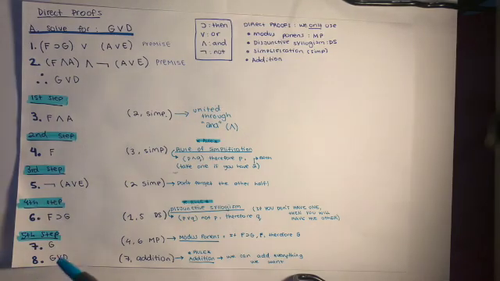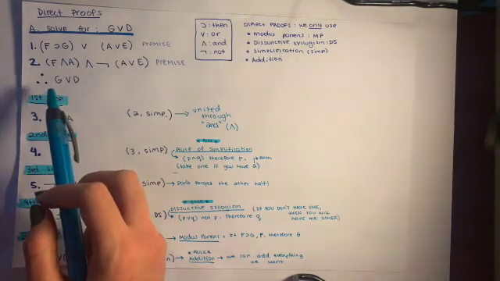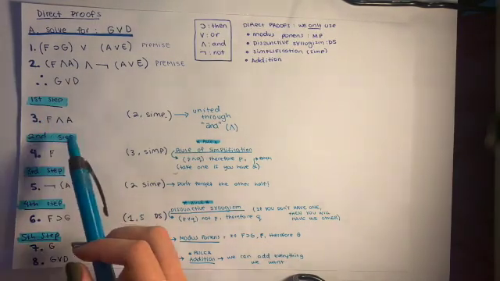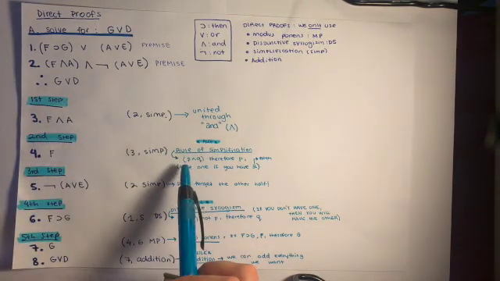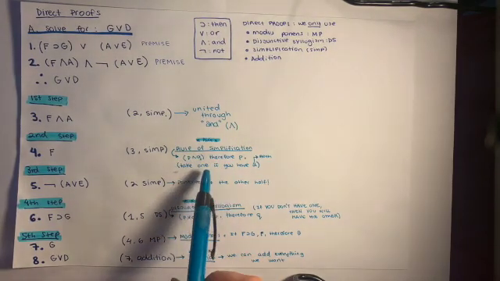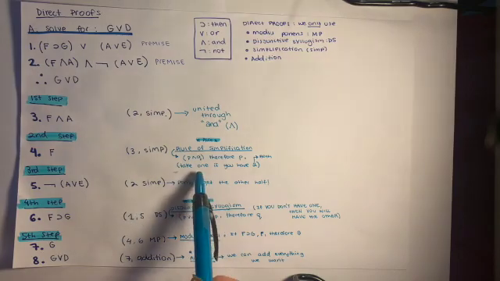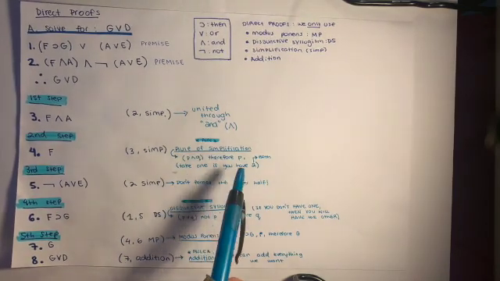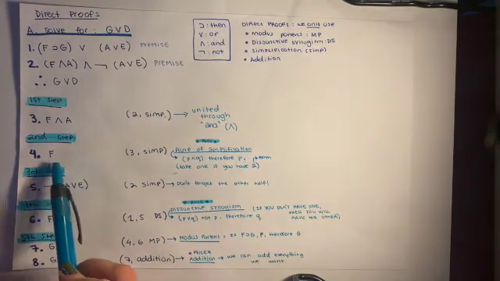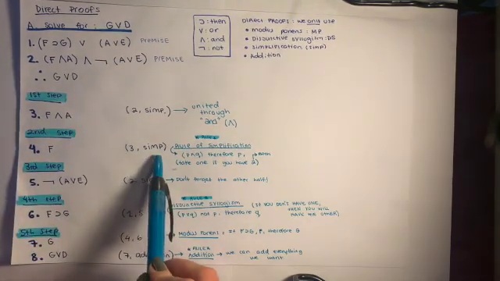We take F out of line 3. The rule of simplification says that P and Q, therefore P, meaning that if you take one, you have to take both. So to simplify further, just take F from line 3 through simplification.